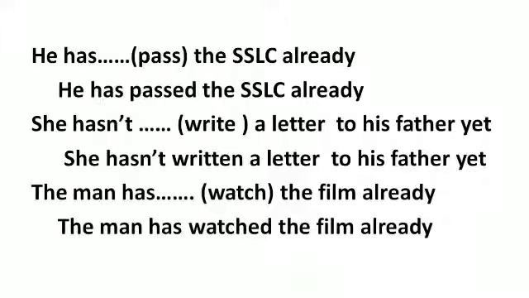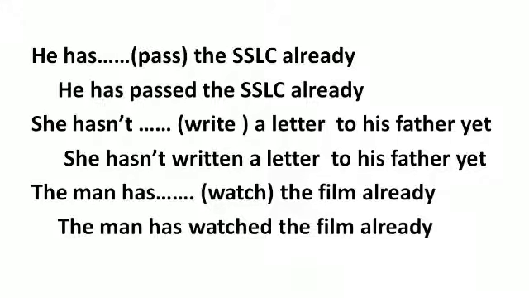She hasn't dash write a letter to his father yet. She hasn't written. Write, wrote, written. V1, V2, V3. V3 form is written. So we have used hasn't written a letter to his father yet.